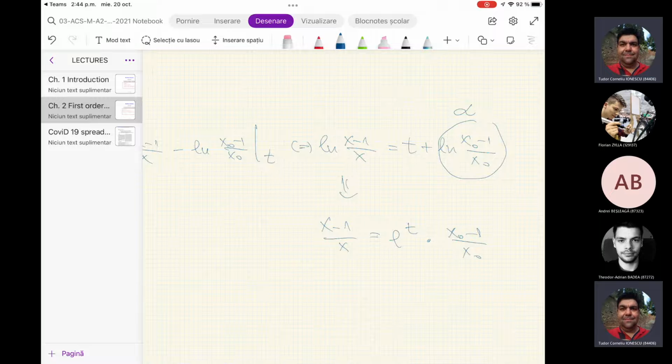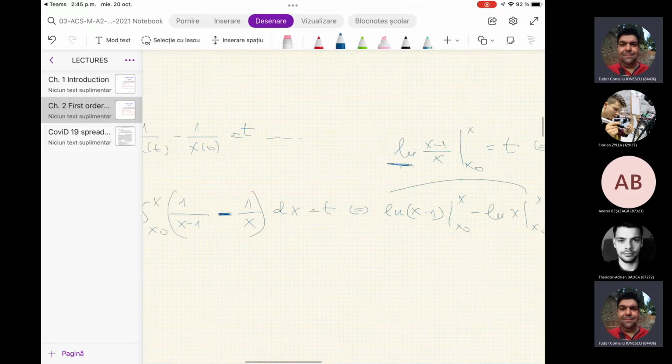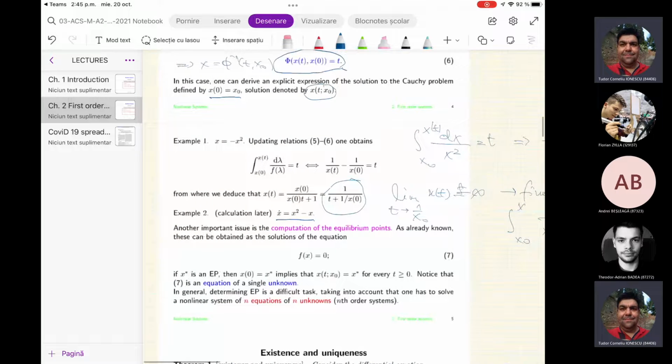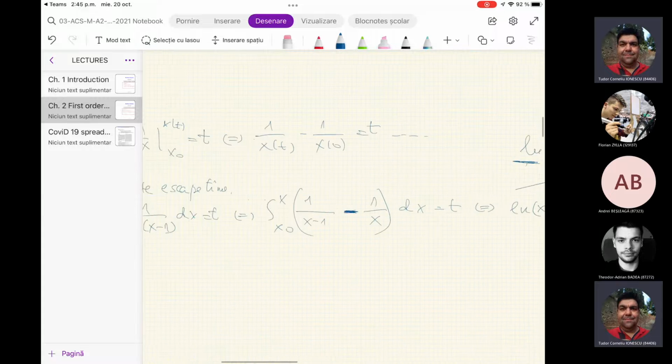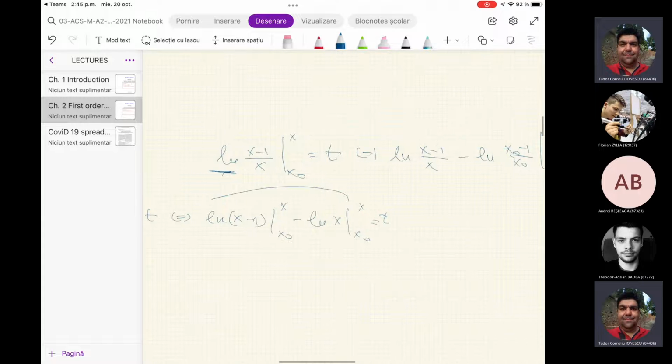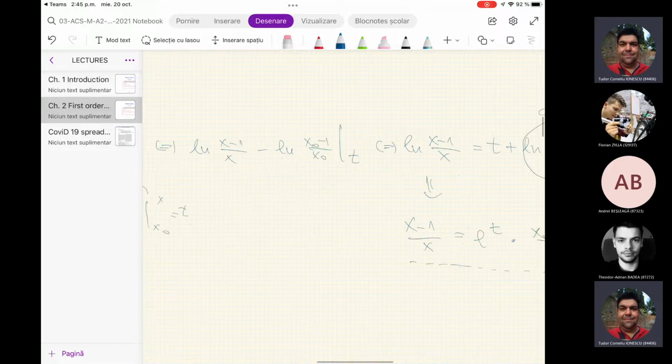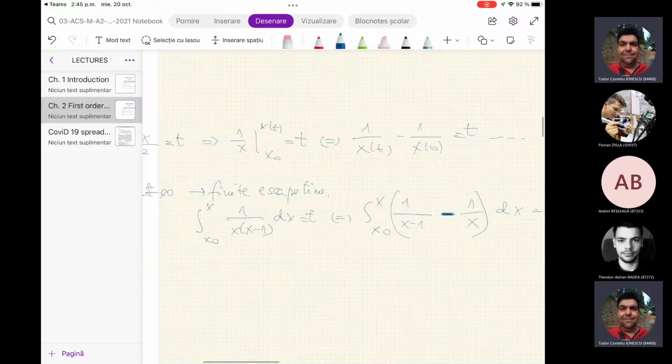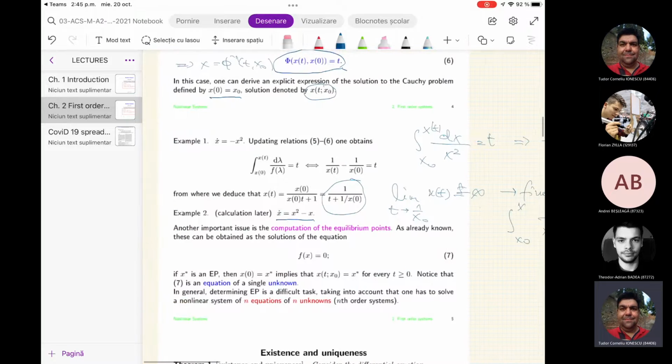And here you can easily do the computation and determine x. It's not difficult. So first of all, you try to compute the solution. Fine. But then it's interesting to see the equilibrium points. In this case, if you have the explicit solution, you can take the limit when t goes to infinity.